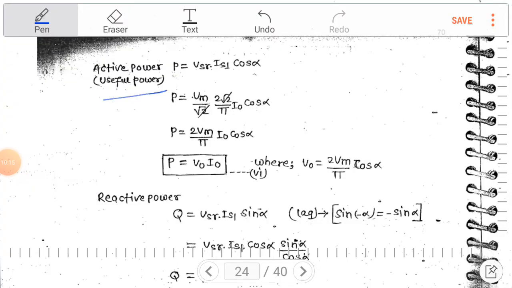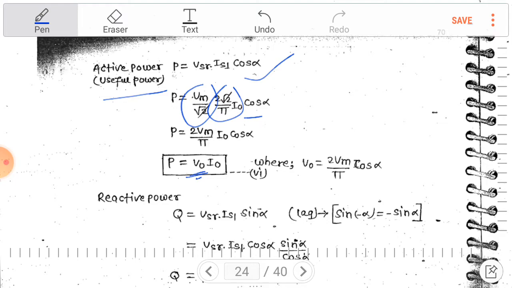Active or useful power at the AC side is the fundamental power, so VSR IS1 cos alpha. Vs RMS is Vm by root 2, Is fundamental is 2 root 2 by pi into I naught, and the fundamental distortion factor FDF is cos alpha. So putting the values, we get 2 Vm by pi I naught cos alpha, and 2 Vm by pi cos alpha is equal to the average output voltage.